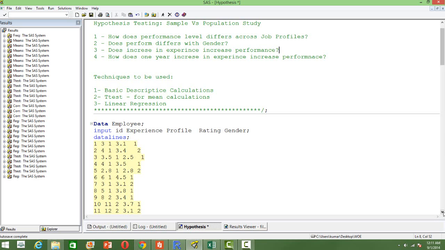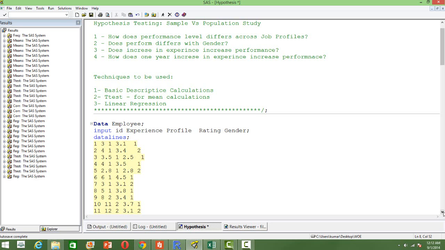So one can go ahead with a few hundred observations, do the analysis, and based on the statistical testing or hypothesis testing, come up with the conclusion.